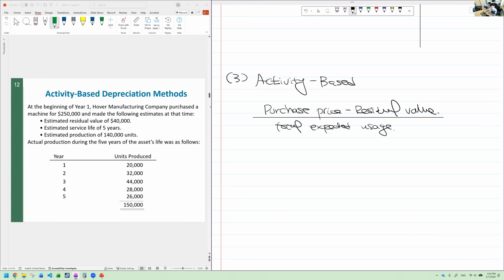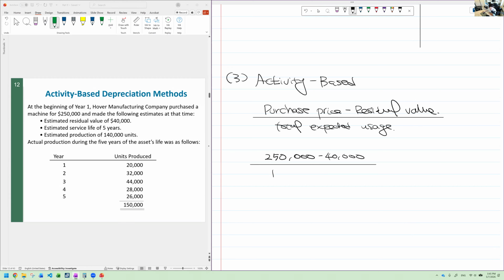Okay, that's why it's called the activity-based method. Let's take a look at here. Okay, so purchase price, we purchased this asset for $250,000. Residual value is $40,000. Okay, and then the total expected usage is 140,000 units.